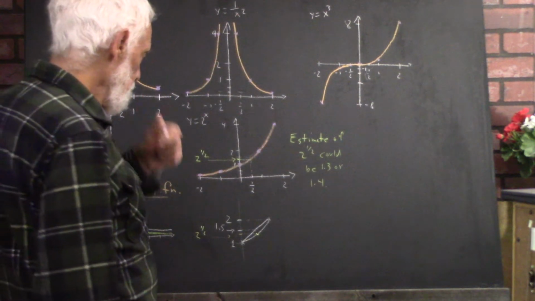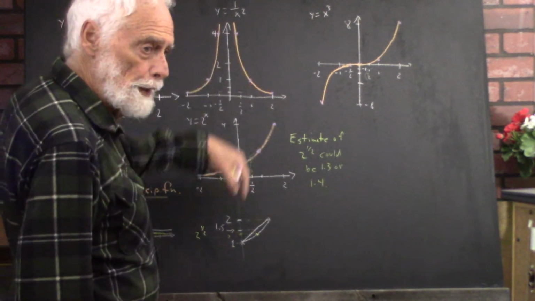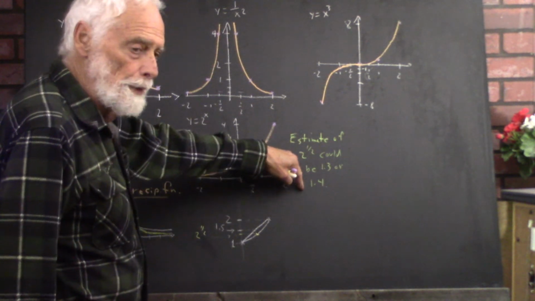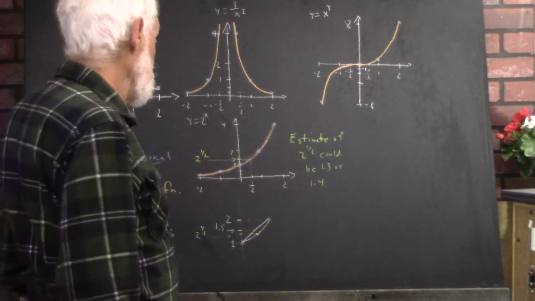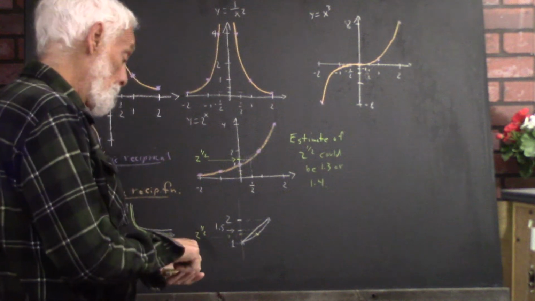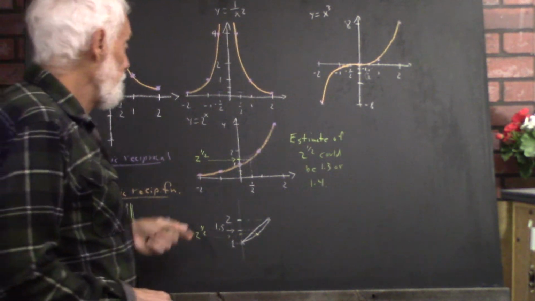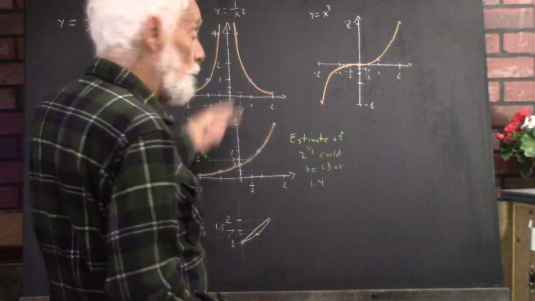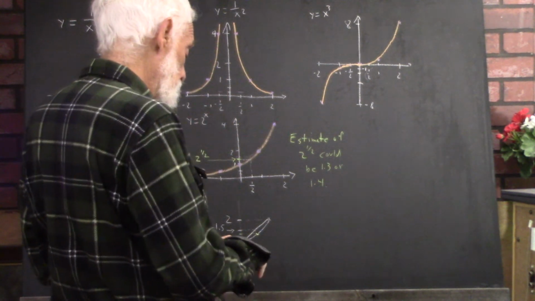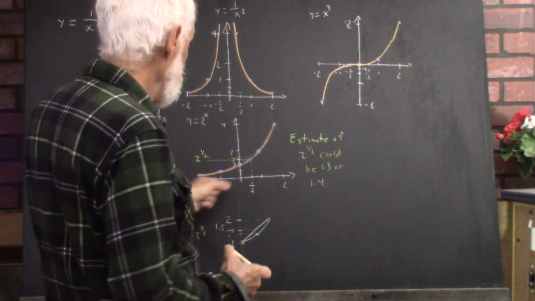Could be 1.3 or 1.4. If you've got a well-drawn graph, one of these will clearly be the better choice than the other, but I'm going to leave that for people to think about. Okay, in any case, I could estimate the y-coordinate for any x-coordinate that I can reasonably locate on the graph.